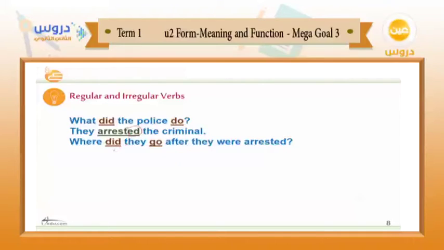Many words change to past by adding ed, but some like do, did, go. And what's the past of go? Think about go. What is the past of go? Excellent, went. We don't say goed. Goed is wrong. So the past of go is went.